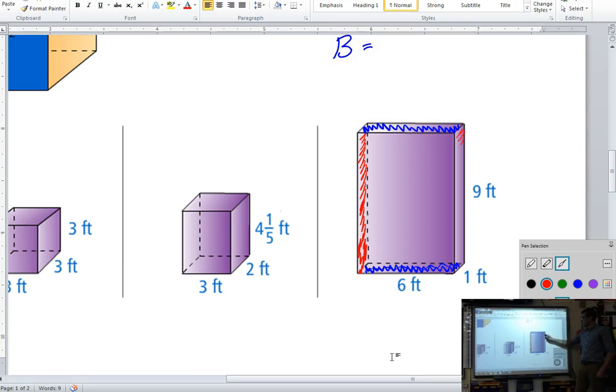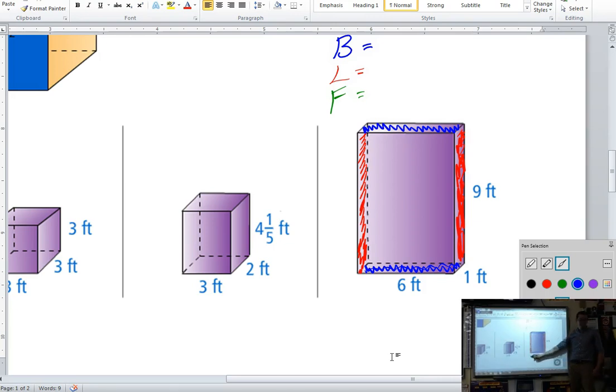The right side, right? So in a rectangular prism, what I start to see is I actually have all pairs of faces. So my left will match my right, and then my front will match my back. I like to call it the front face and the back.